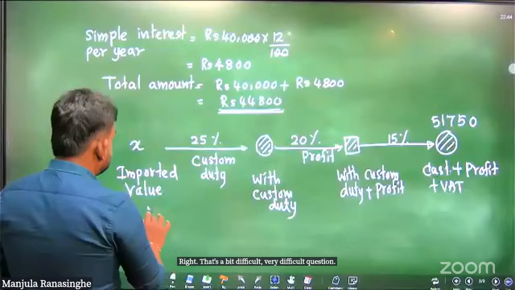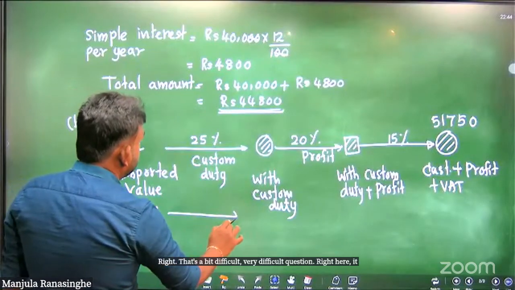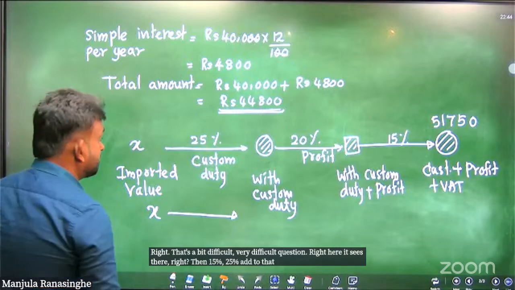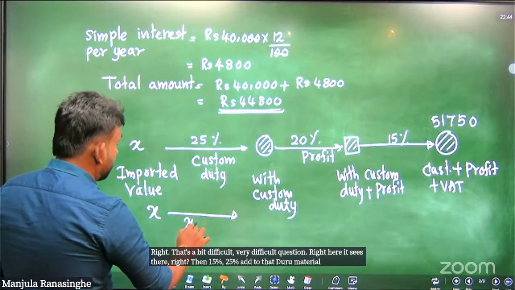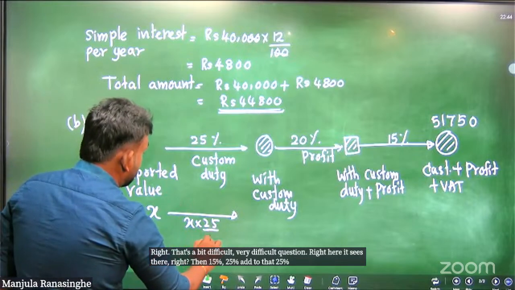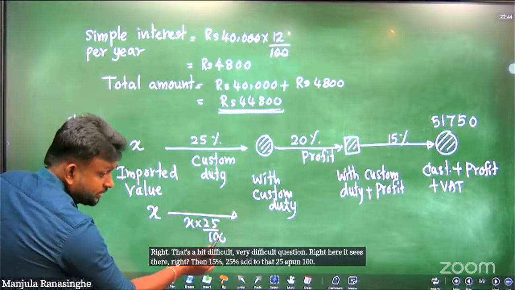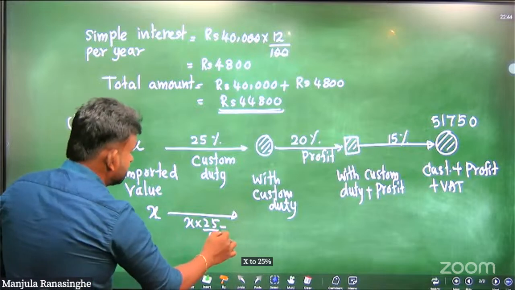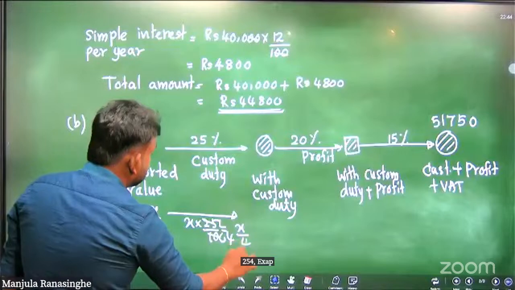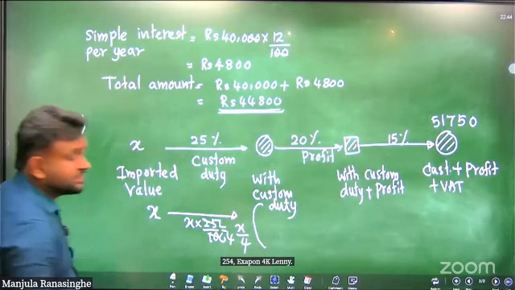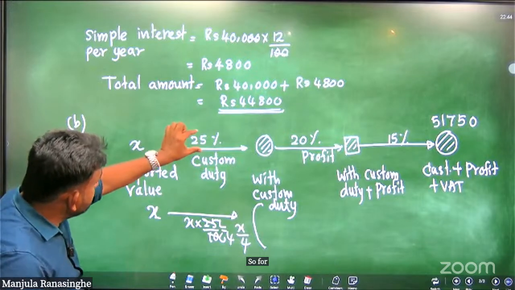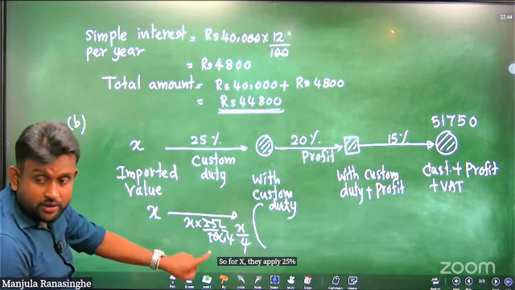Right. Here X is there. Then 25% is added to that. If we have X, 25% is added: X into 25 upon 100.